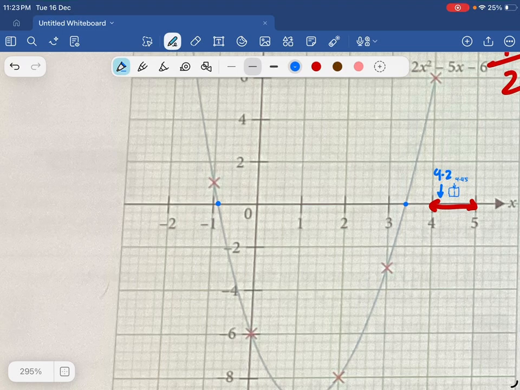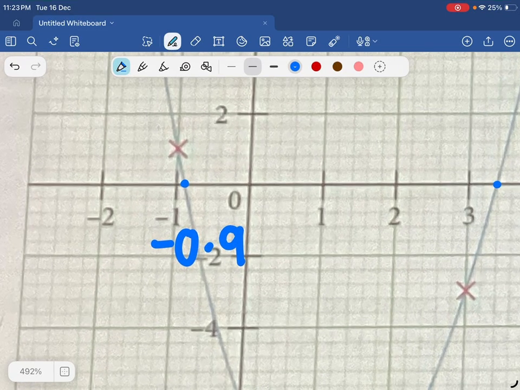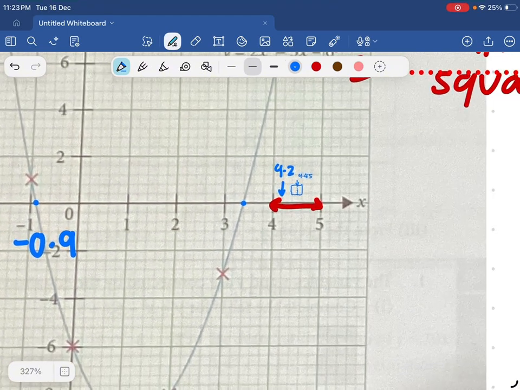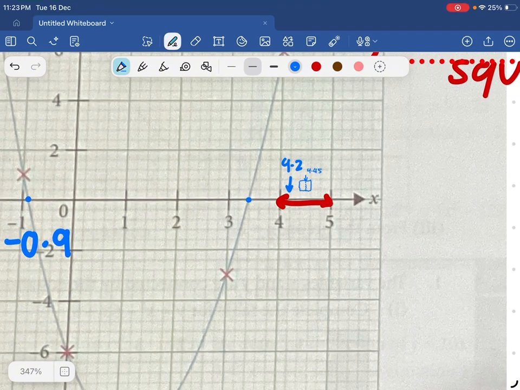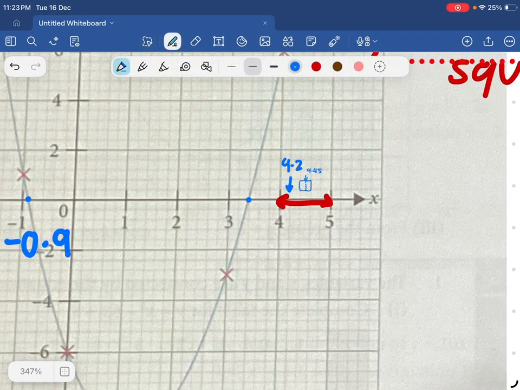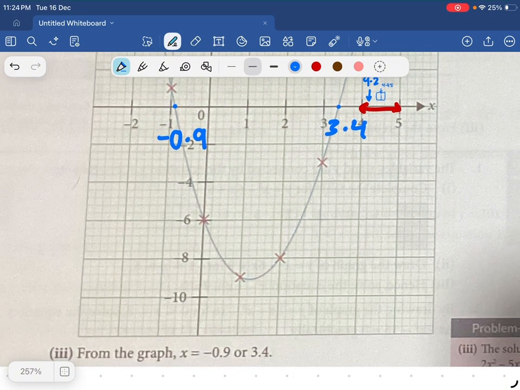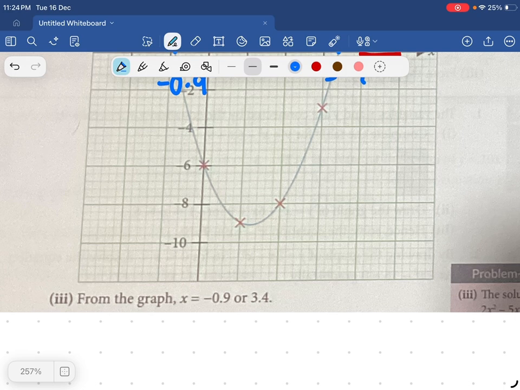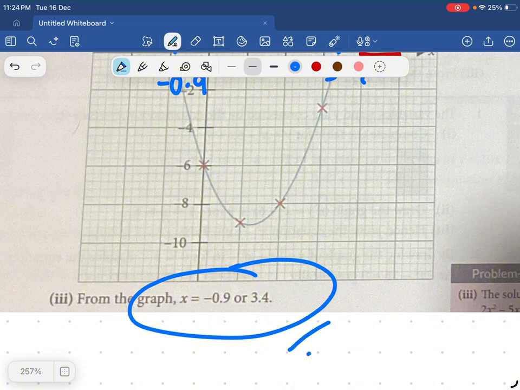Usually I'll just write negative 0.9 if it is kinda not clear whether it's in the half middle box or not. And the second one over here should be exactly on the edge of the box, so we can say it's 3.4. And so there, from the graph, we can show that the answer is x equals to negative 0.9 or 3.4, and that is your answer.